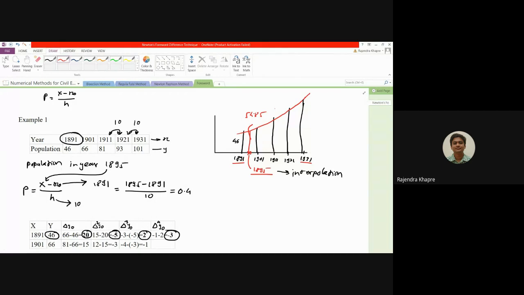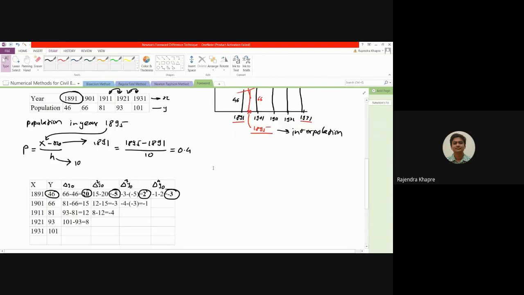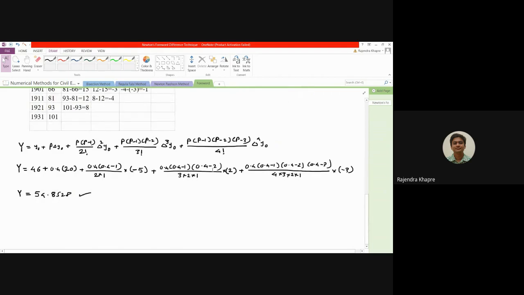You can see it is lying exactly somewhere in between 46 and here the value was 66. So this is called interpolation, because the year 1895 is lying within the data set which was given to us. Okay, so this is what is called interpolation. I hope everybody has understood this.